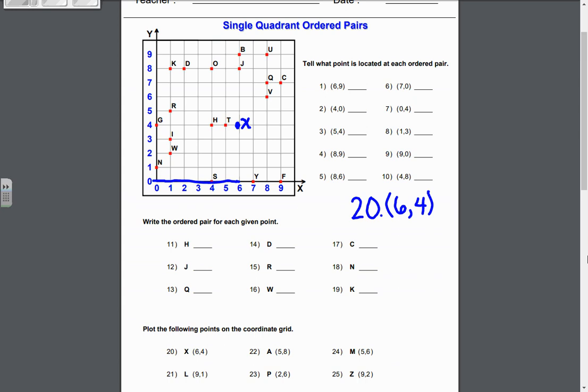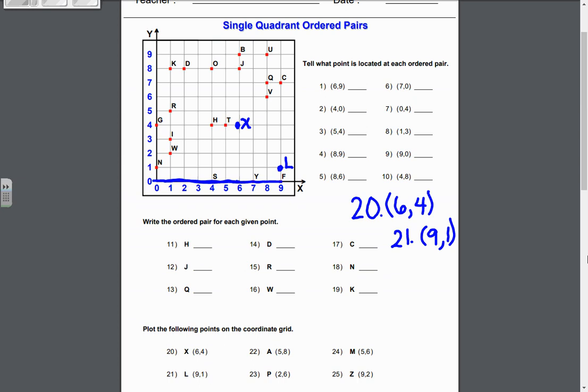Number 21, they want us to plot the point L. And for 21, we are going to go over 9 and up 1. So I'm going to go all the way over to 9, and then I'm going to go up 1, plot a point, and I'm going to label that coordinate L.